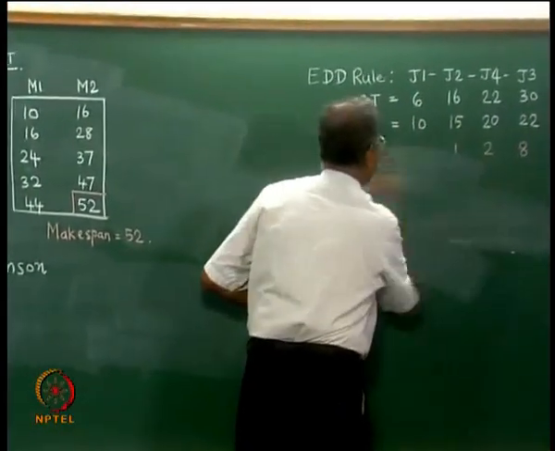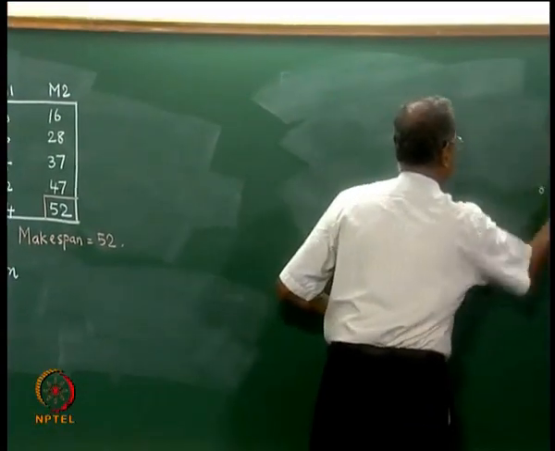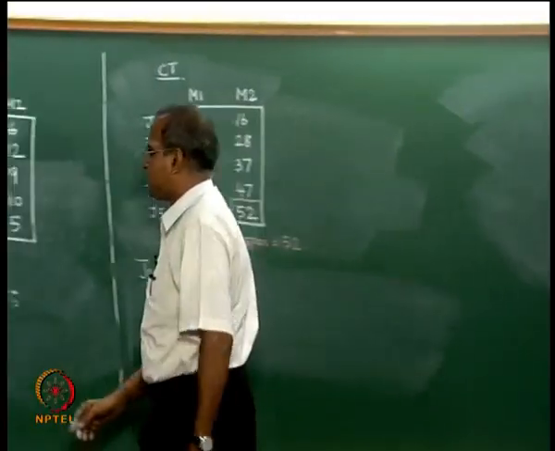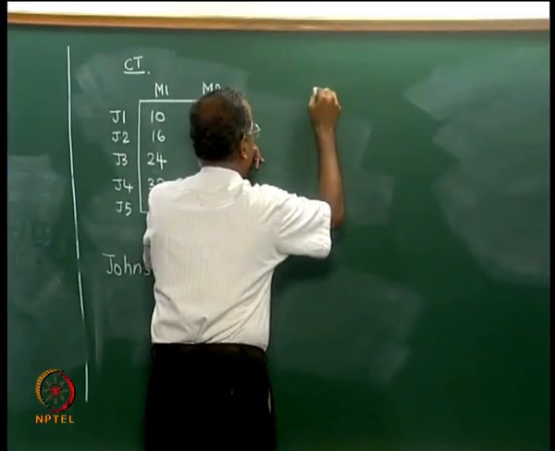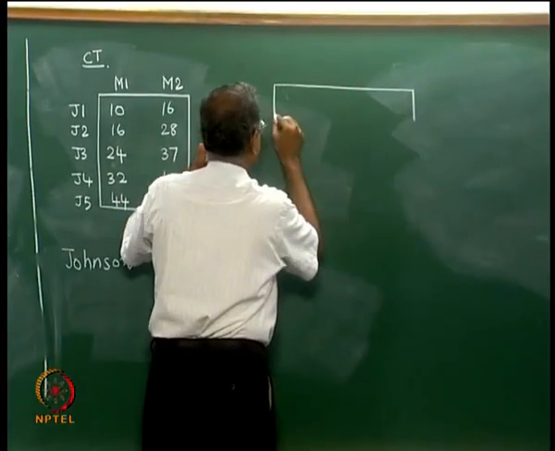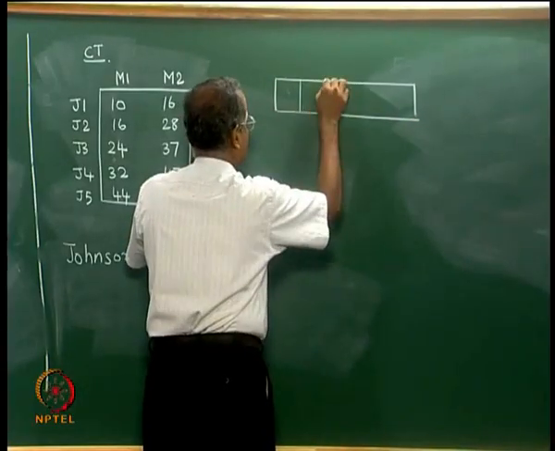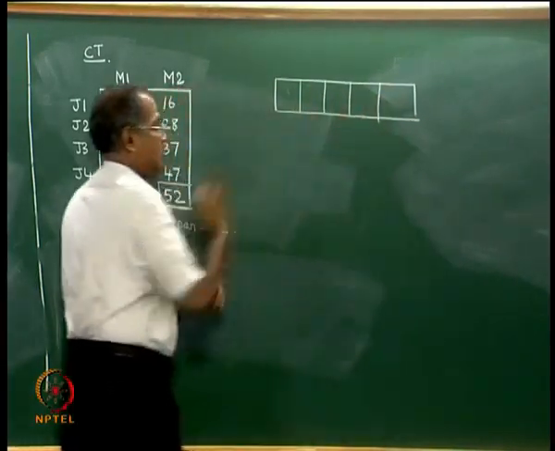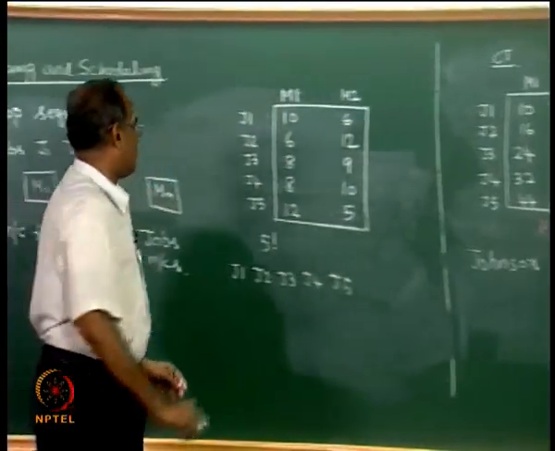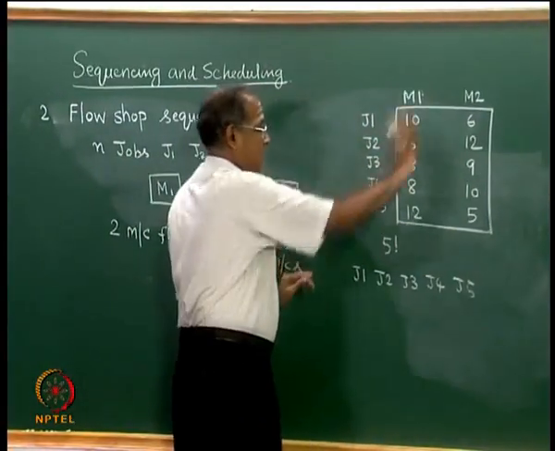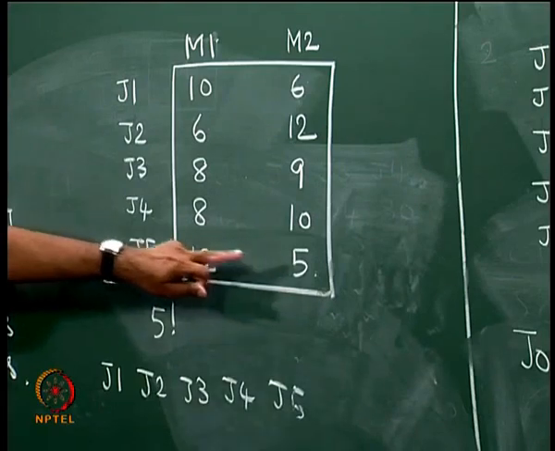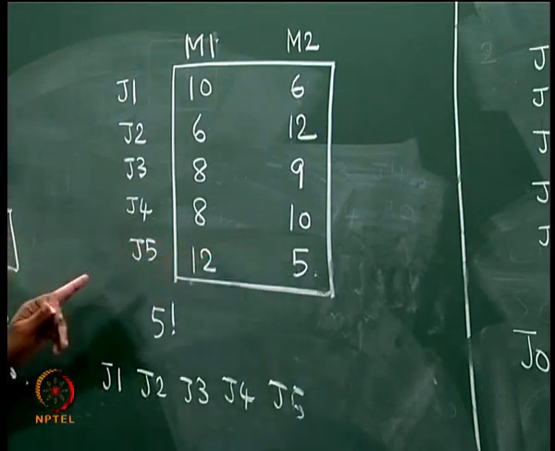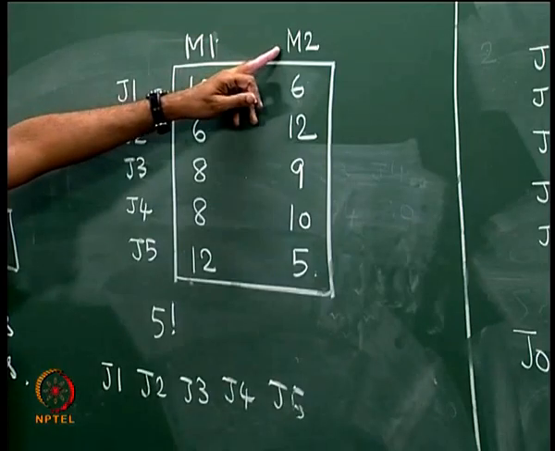So, Johnson's algorithm works like this. A very simple way to do it is, there are 5 jobs, so create a small table with 5 positions. Now, find out the smallest number in this table. The smallest number is 5, and 5 happens to be for job 5 on machine M2.